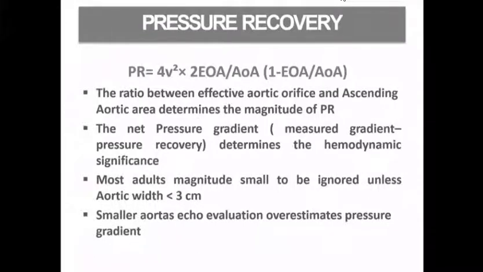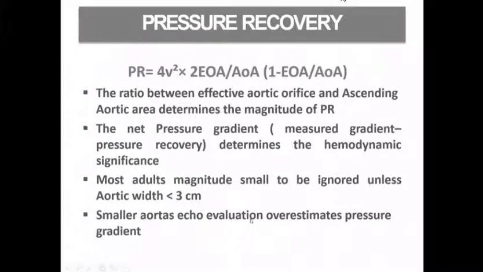The net pressure gradient is the measured gradient minus the pressure recovery, depending on hemodynamic significance. In most adults the magnitude can be ignored unless the aortic width is less than 3. So whenever you find a wide aorta, you can calculate the pressure recovery to correct what is the actual gradient.